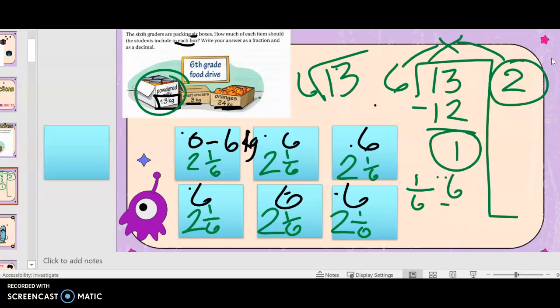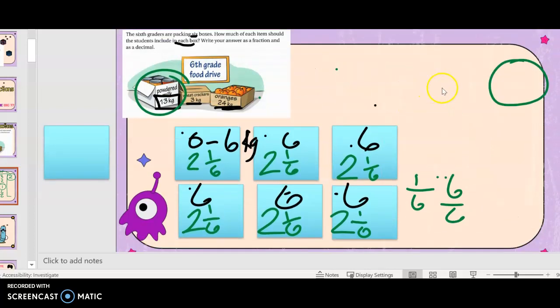It's 6/6, and 6/6 is the whole, so I know I've done that one correctly. All right, nice. So let's get rid of some of this, and then we'll do our last one.